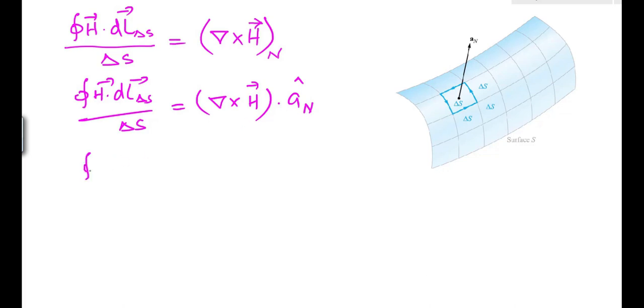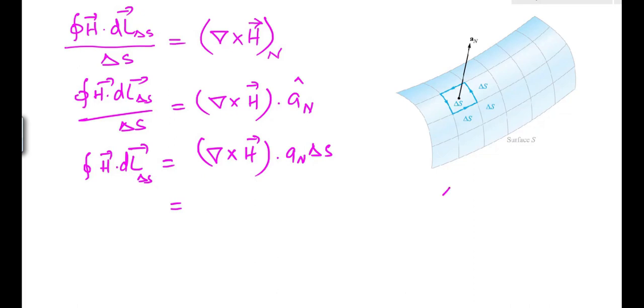Rearranging this expression again, we can write this as del cross H, with n, delta S. Now what is this? Basically this is the direction and this is the magnitude of the surface, as we already know that the surface delta S has a unit vector, or a directional vector, which is normal to the surface.